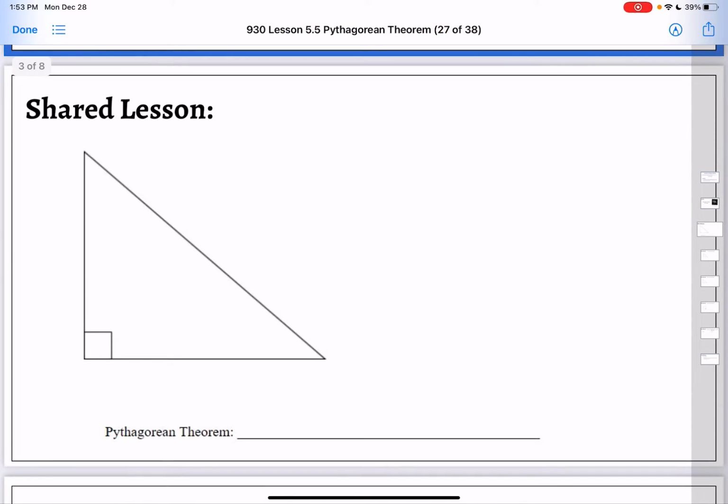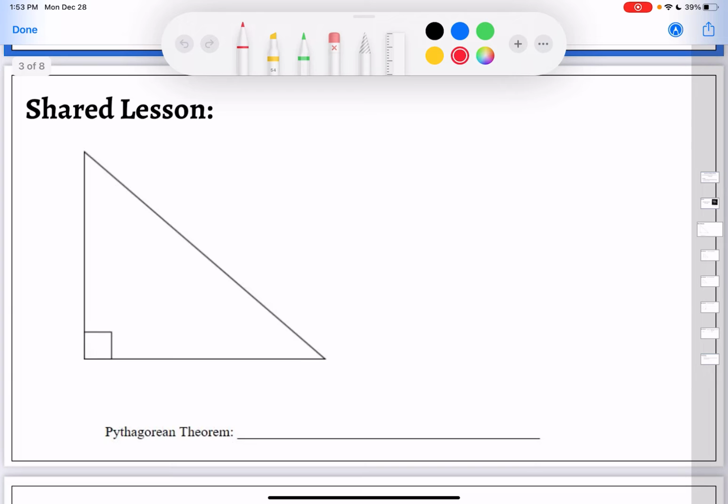But now let's talk about the basics of the Pythagorean Theorem, which if you watched the video, you saw some of that already, right? So the Pythagorean Theorem only works in right triangles. So notice when we have this angle that's marked right here with our little box, that's how we mark a right angle in a picture in math.